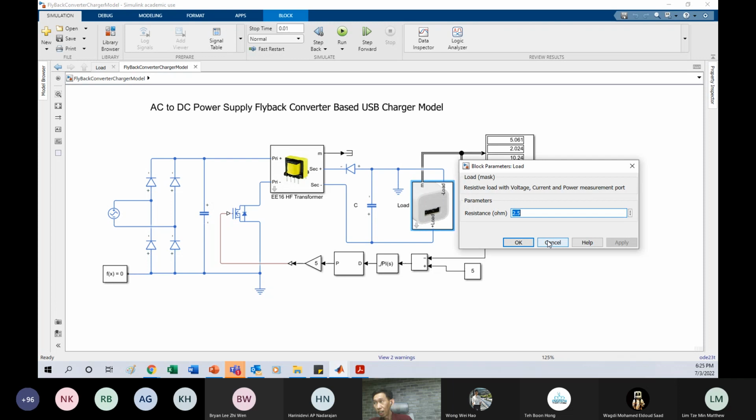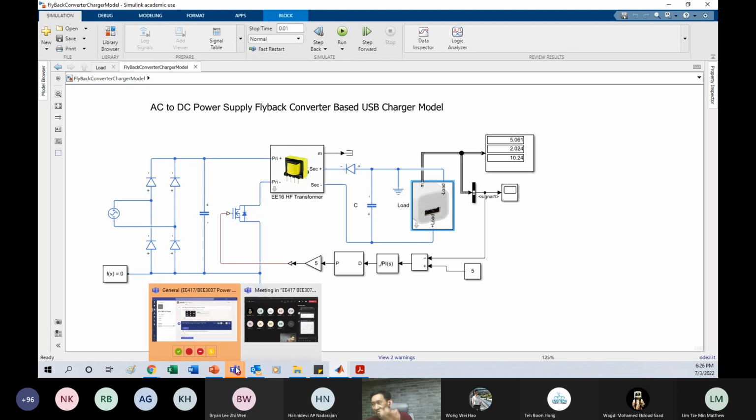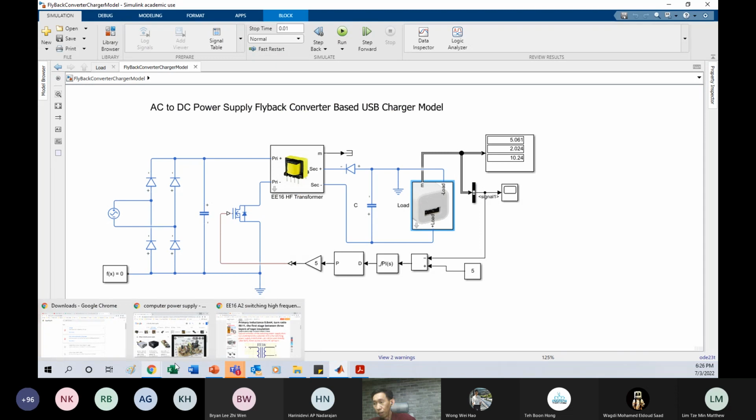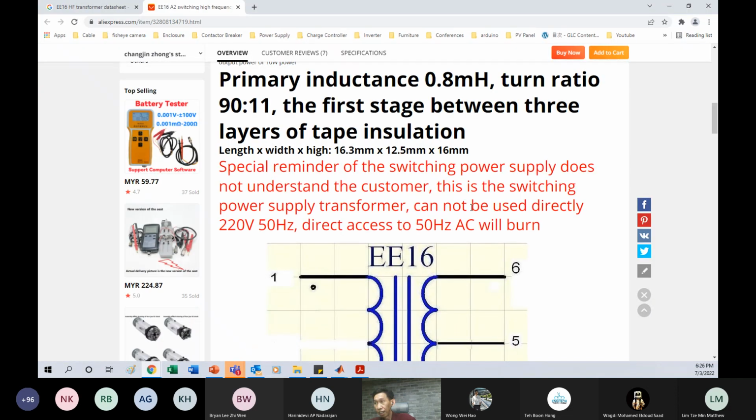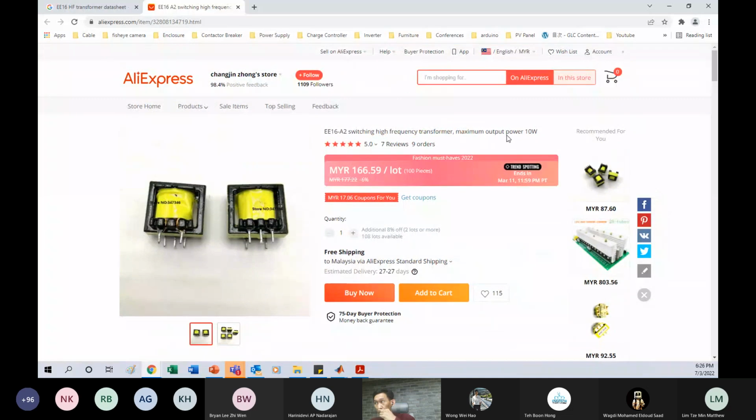Yeah, because this is the charger. I really designed according to the real charger design, which gives you 10 watt. I mean, when you buy a charger, you say, wow, this is a 10 watt charger, or some watt fast charger. I actually follow that, so that you can reproduce this one. This is a 10 watt charger, maximum output 10 watt.